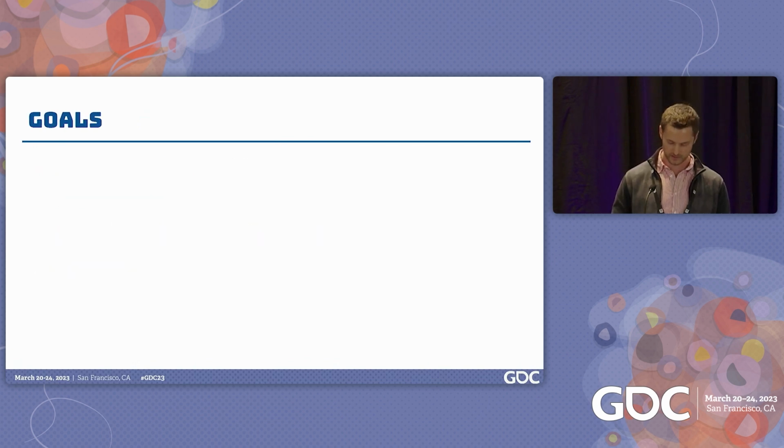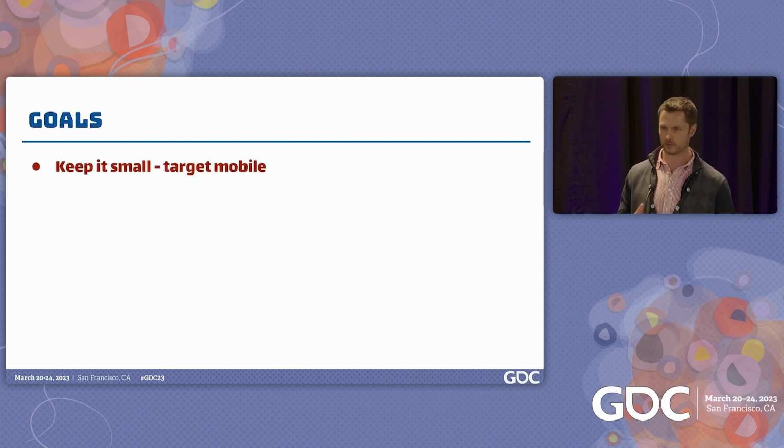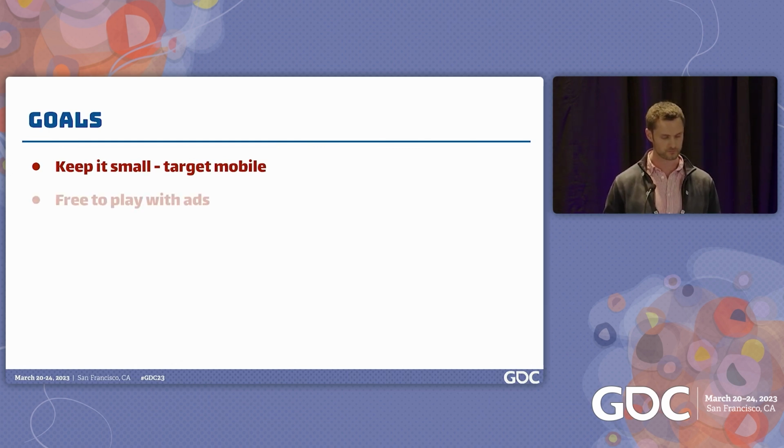So I started to put some goals down of what I wanted to achieve with this. I thought, let's keep things very small, and I'll make a mobile game. I didn't want anything too crazy with scope, so let's keep it really simple and small.